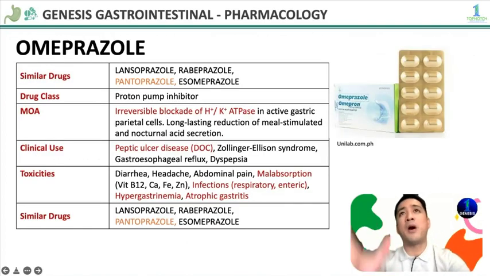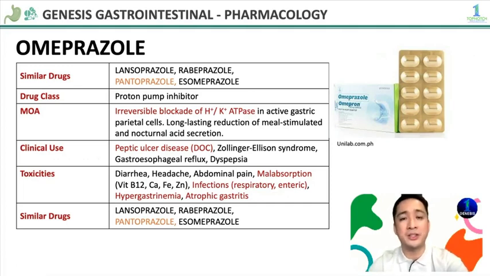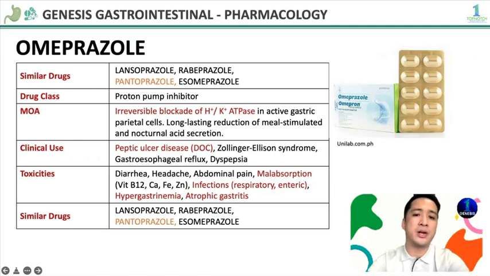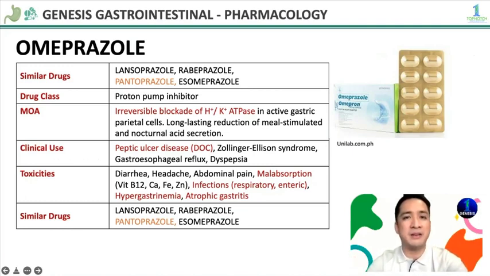Omeprazole is a proton pump inhibitor which irreversibly blocks your hydrogen potassium ATPase, or simply known as your proton pump. Clinical use, we have your PUD, Zollinger-Ellison syndrome, your GERD, and dyspepsia. But take note of the possible toxicities. There is malabsorption. Remember, it requires an acidic environment for vitamin B12 to be reabsorbed or activated, as well as the activation of the intrinsic factor.